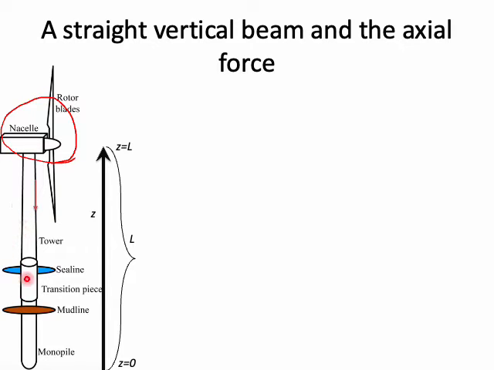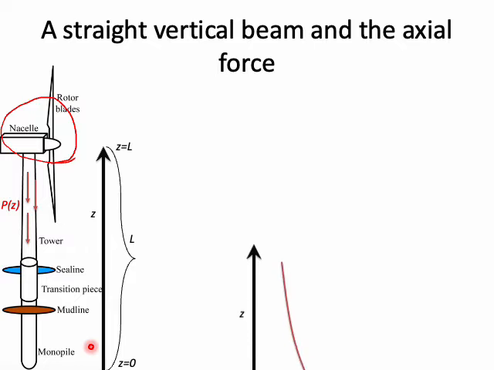We call this internal vertical force the axial force PZ. At the very top, PZ is mostly just the mass of the nacelle and rotor. Lower down, PZ is a larger value because it has to support everything above. However, near the base, PZ is the largest.